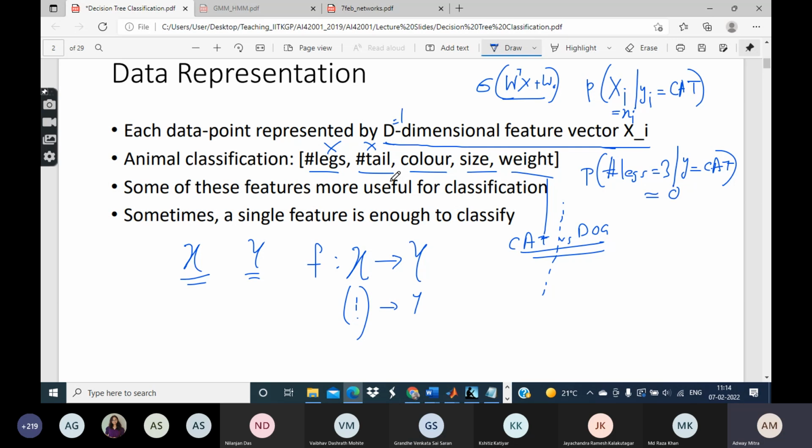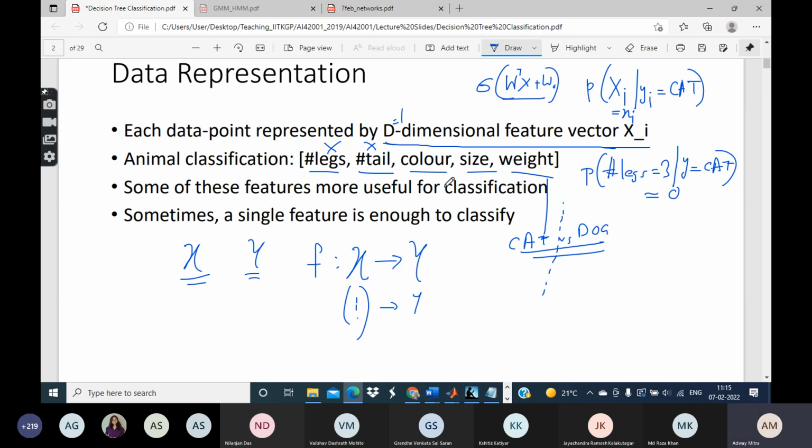Because unlike legs or tails which are constant, it is not that all cats and all dogs have the same color, but each cat or each dog takes their color basically from the same set. That is, it's like yellow, white, brown. These are the common colors for both cats and dogs. It's not that there are some red cats and some blue dogs, or some green cats or some pink dogs. It's not like that.